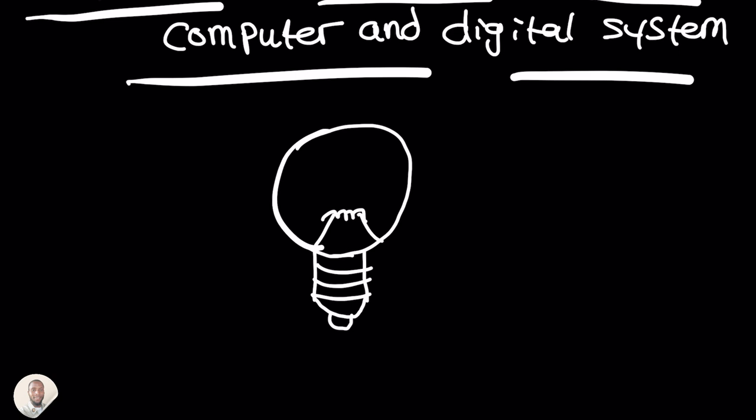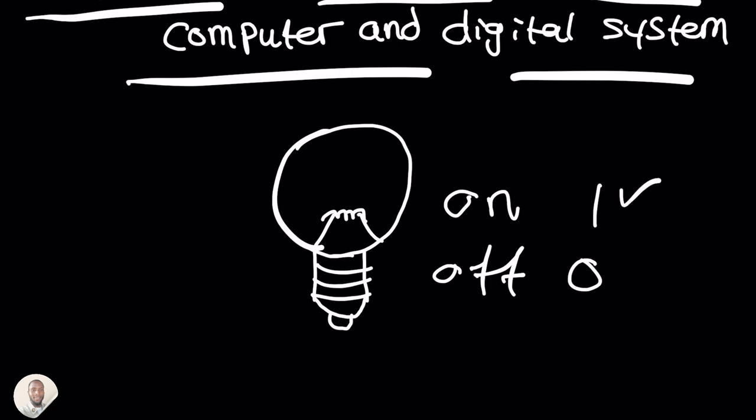Now, it can only be in two states. On or what? Or off. And we use 1 for on and what? 0 for off. Now, think of a computer as a machine that only understands on and off, just like the light bulb.